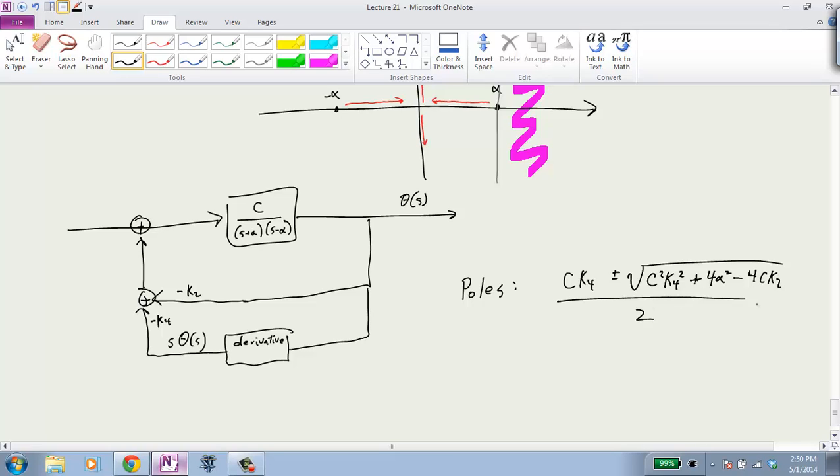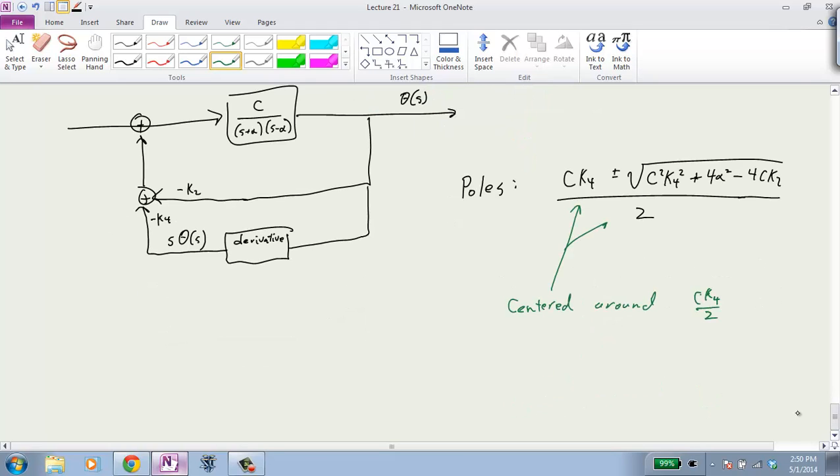Okay? Now, the important thing about this is the following. You have two poles again. The poles are centered around a point around CK4 over 2. Oh, it should be a minus, negative. Okay, but again, they're going to have a plus and minus, either a real part or an imaginary part.